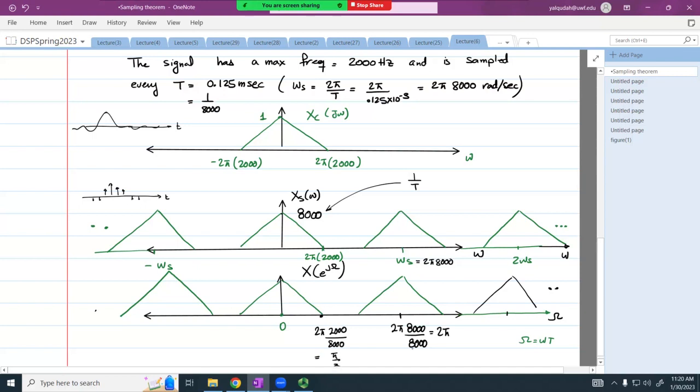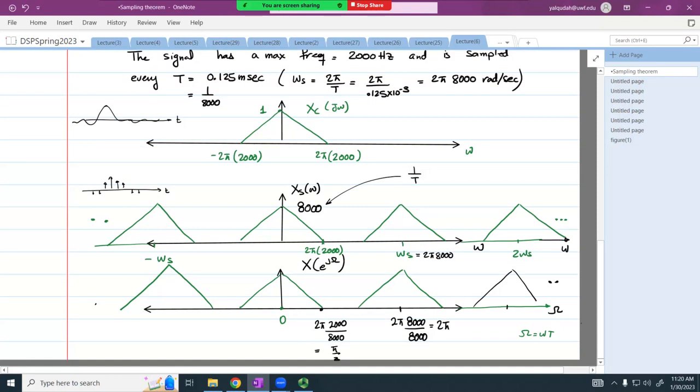This is going to equal 2 pi, and so on. Is that clear, everybody? Okay. This is pi over 2.